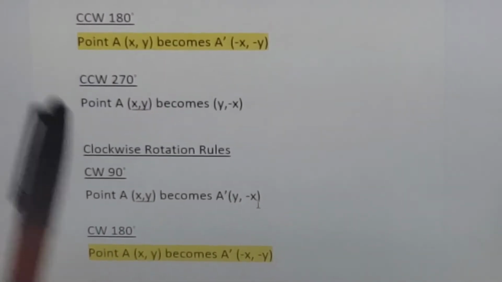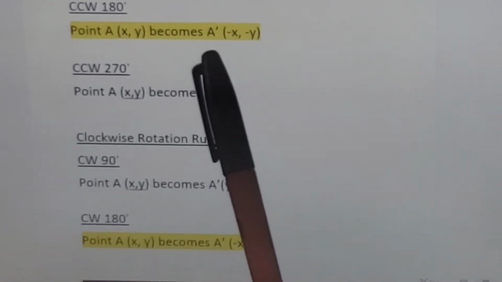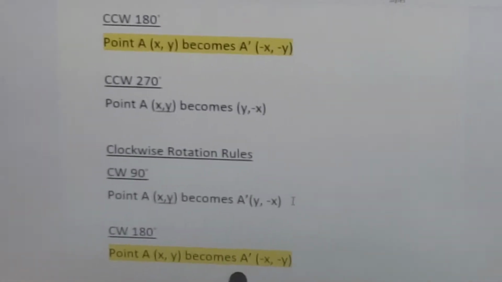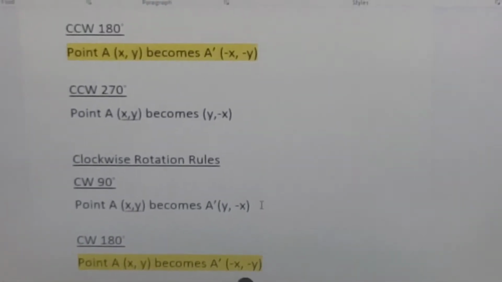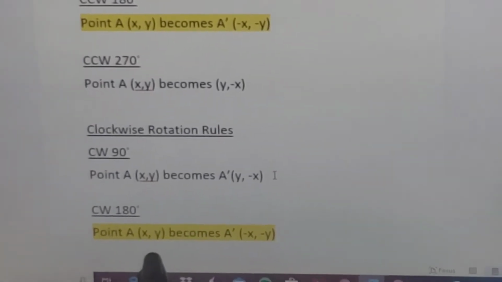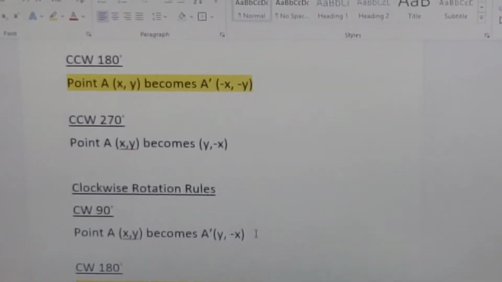Your point X, Y becomes A prime, opposite of X, opposite of Y. That means whatever the signs are on your point initially, you just change it to the opposite sign.